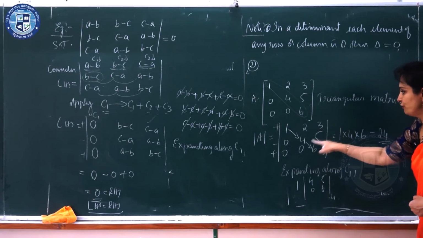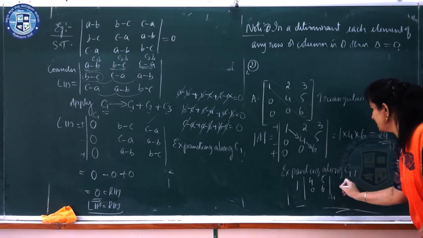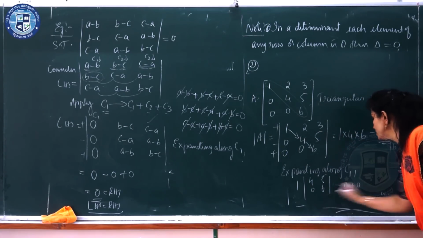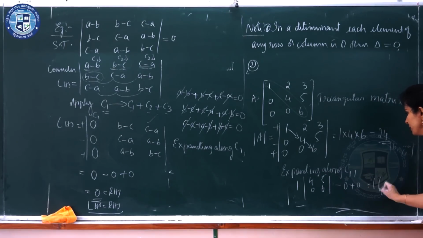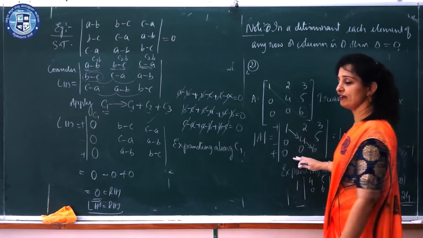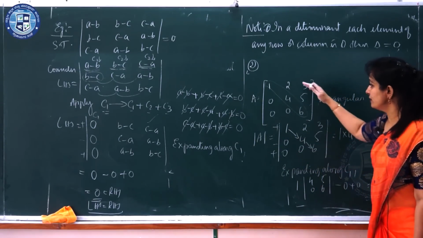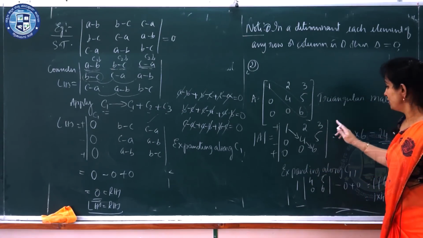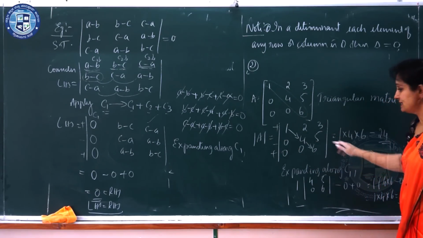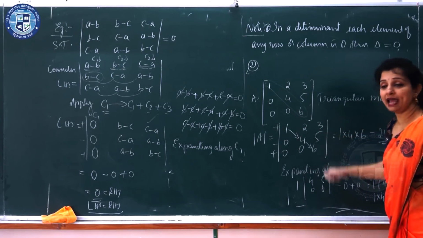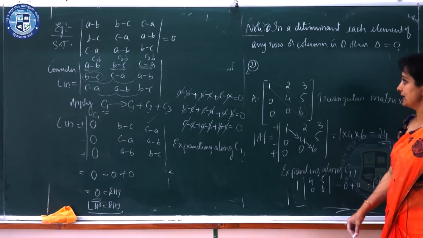Then the second element is minus 0, plus 0. So it is 1 into 4 into 6 minus 0, or 24. So we can directly find that if the given determinant is of a triangular matrix, its value is the product of the elements of the principal diagonal.